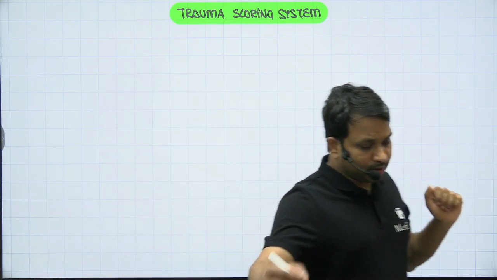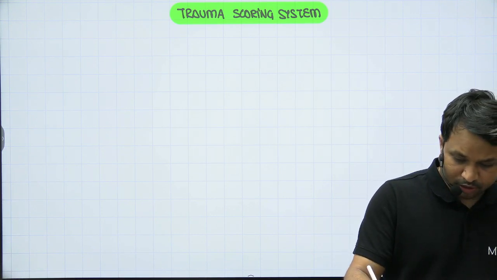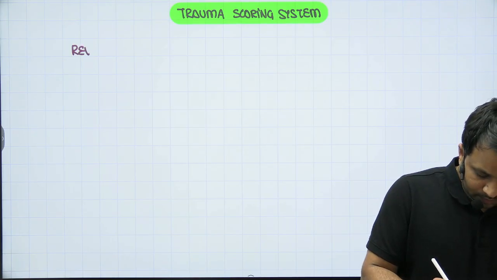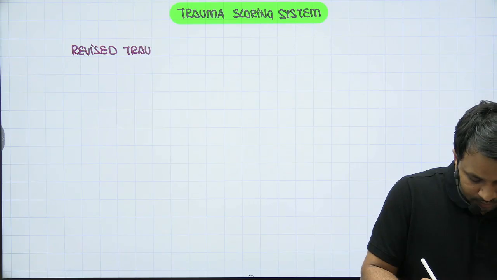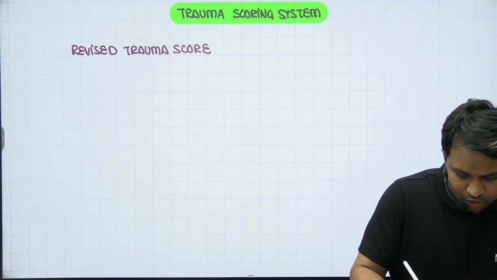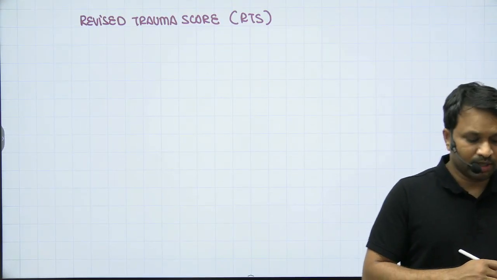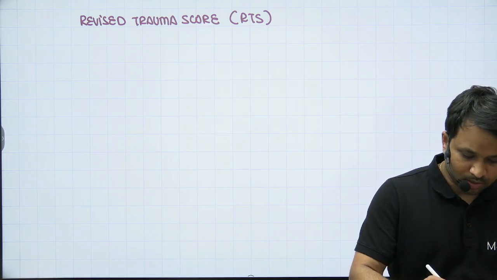Okay? So when we talk about the trauma scoring system, one of the major trauma scoring systems that you have is going to be your revised trauma score. The revised trauma score is also called the RTS scoring system.